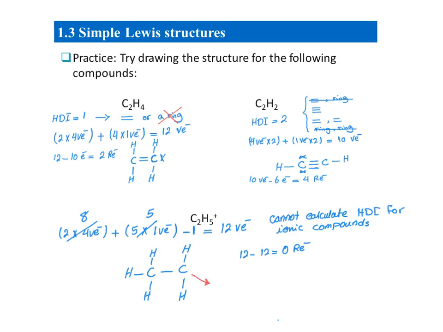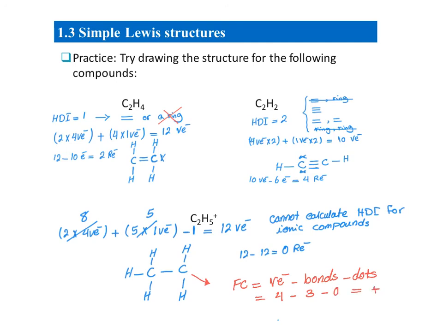So this carbon, and the formula for formal charge is number of valence electrons minus number of bonds minus dots. So we have 4 valence electrons for carbon, 3 bonds around it, and 0 dots.